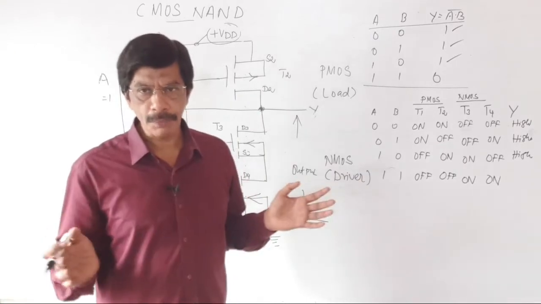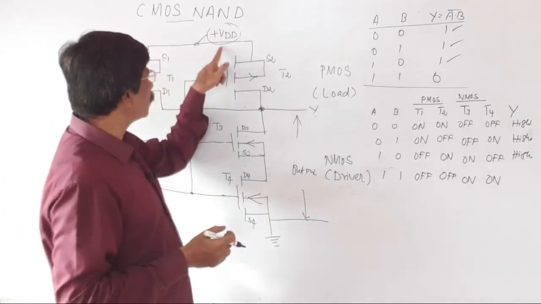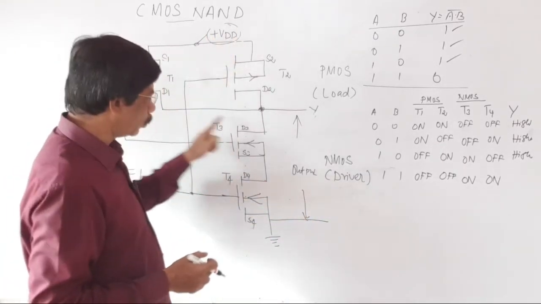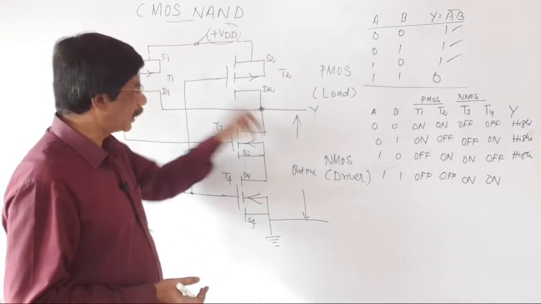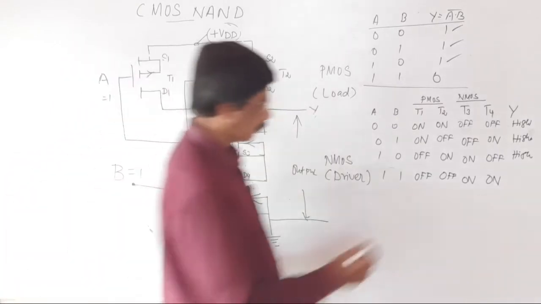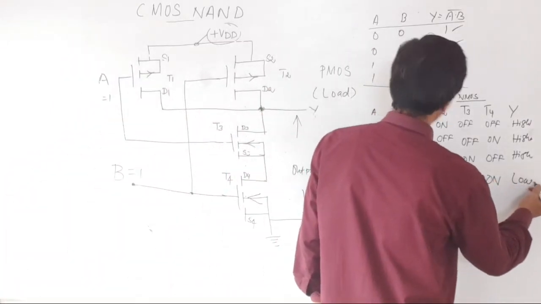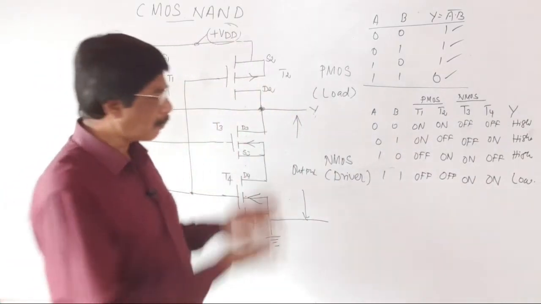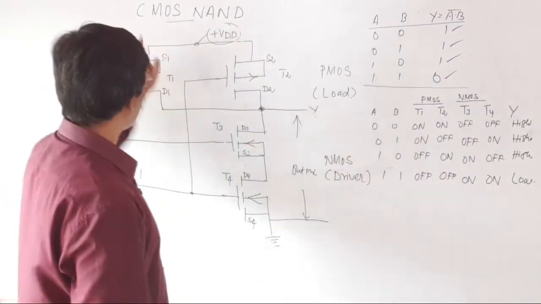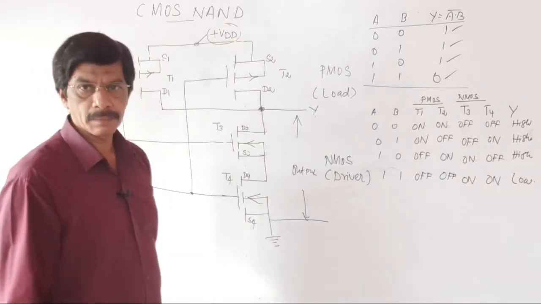There is no possibility for the plus VDD voltage to move to the output terminal. Therefore, the output in this case is low. That shows the last row of the truth table. This is the operation of the CMOS NAND gate.